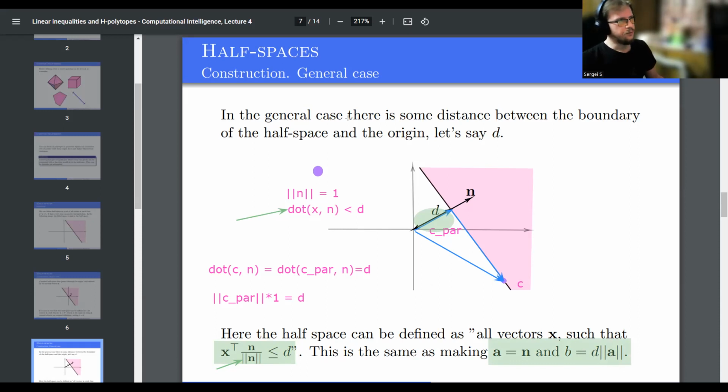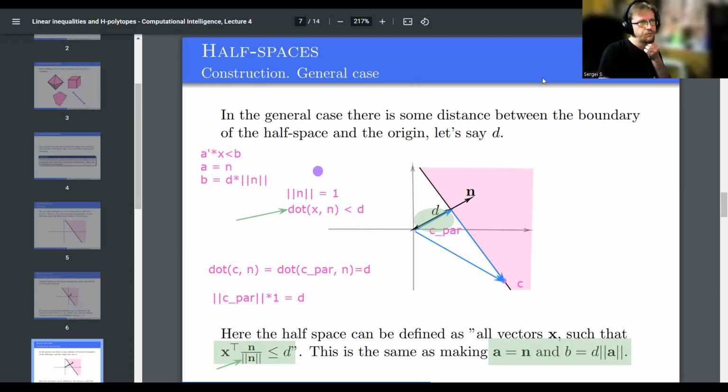We can do it in all kinds of ways, but let's say A transpose x less than or equal to b. This can be achieved by saying A is equal to n, and B is equal to d times the norm of n. This would be more general.